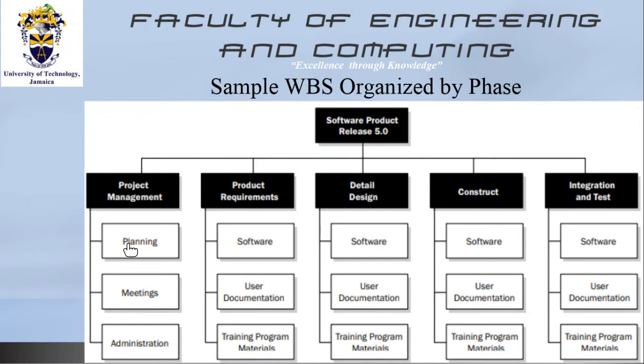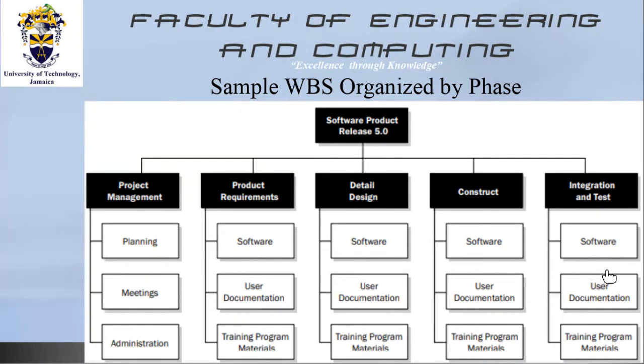So this would be 1.2.1, 1.2.2, 1.2.3. Okay? And all of these are at a level where we can determine the cost of these work packages. Duration, cost, resources. So we have to be able to indicate all of these. And whilst we feel comfortable that we are at a place where we can do it, we do not need to further decompose, right?